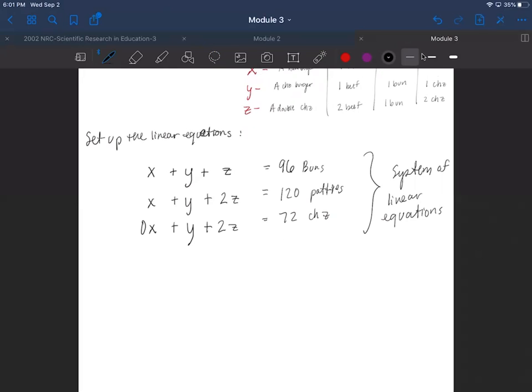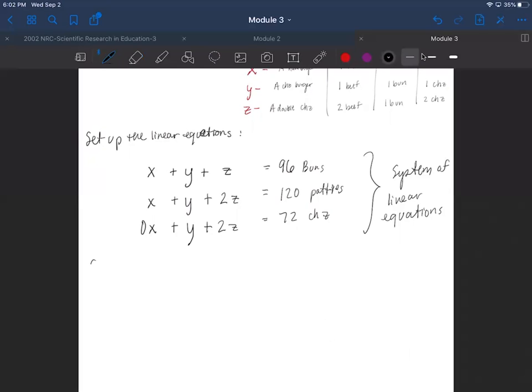Meaning, what values of X, Y, and Z will make all 3 of these equations true? If you think about it graphically, these are 3 linear equations, and we're just trying to figure out their point of intersection. When do all 3 of them share the same values of x, y, and z?